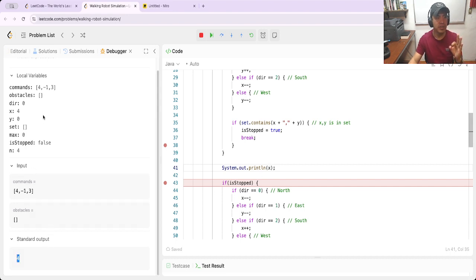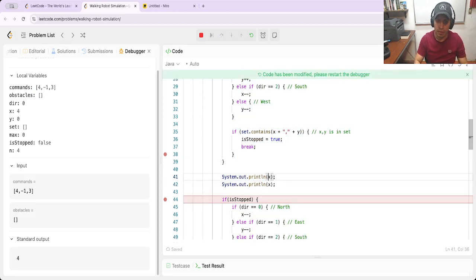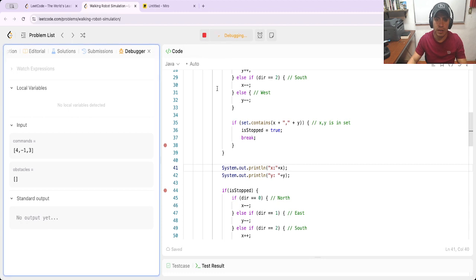Because starting at 0 0, looking in this direction to the north and walking 4 steps. Okay, sure. X and Y. And execute again.